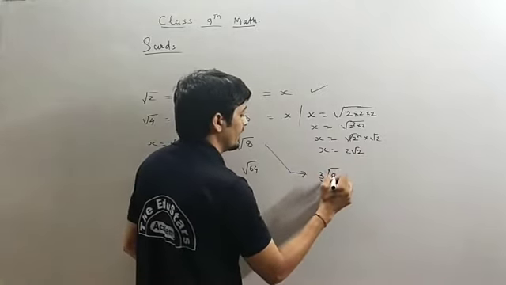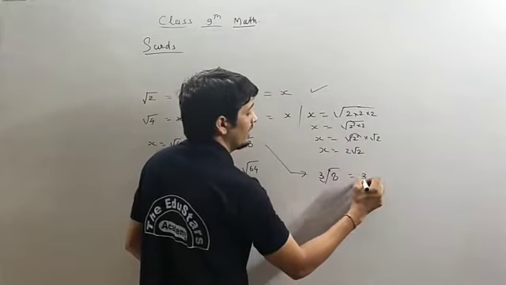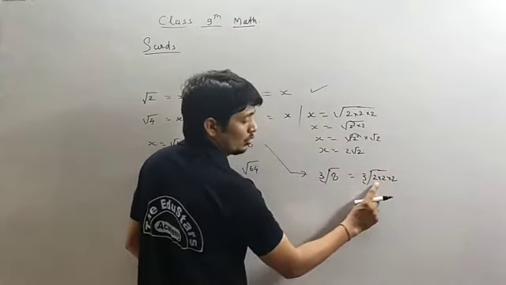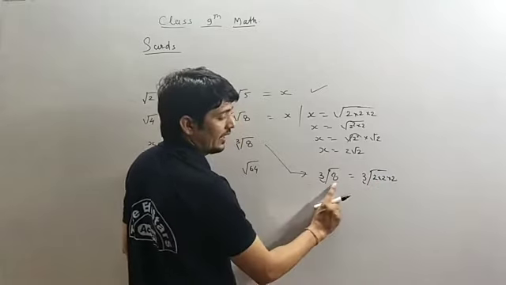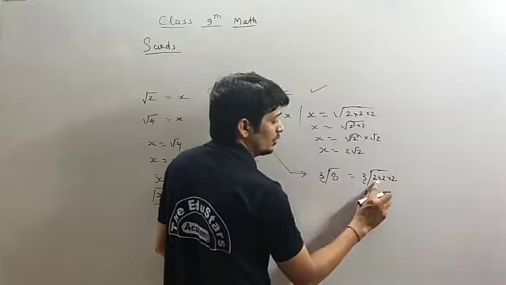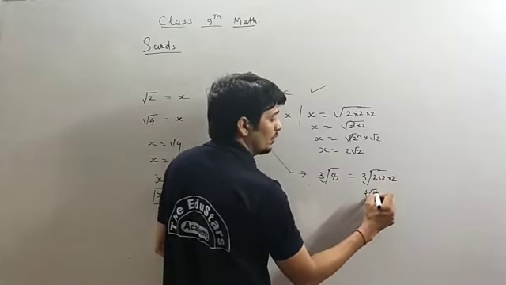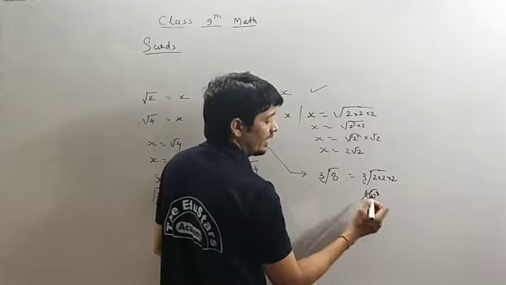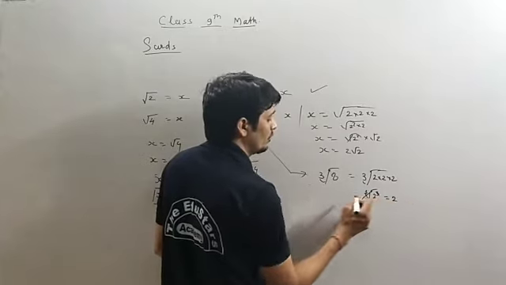Now we will check this one. Cube root of 8. So we can write cube root of 2 into 2 into 2. 2 2s are 4, 4 2s are 8. So we can write cube root of 2 to the power 3. The power 3 and the cube root get cancelled, so we get only 2.